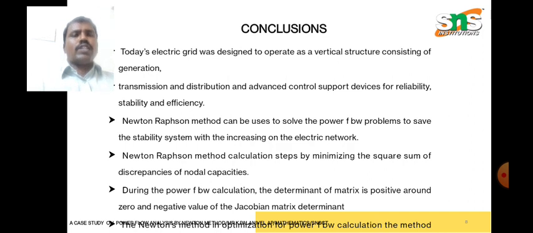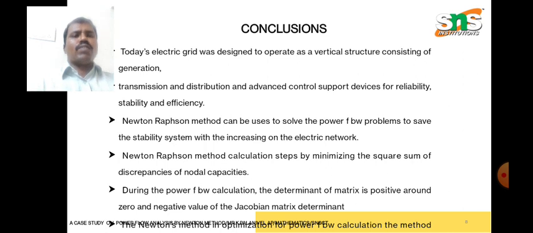Next, Newton's method can be used to solve the power flow problems to keep the system stable with the increasing load on the electric network. Newton's method calculation steps work by minimizing the square sum of discrepancies of nodal capacities.